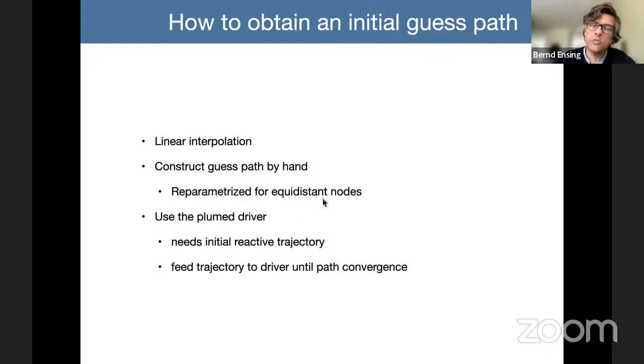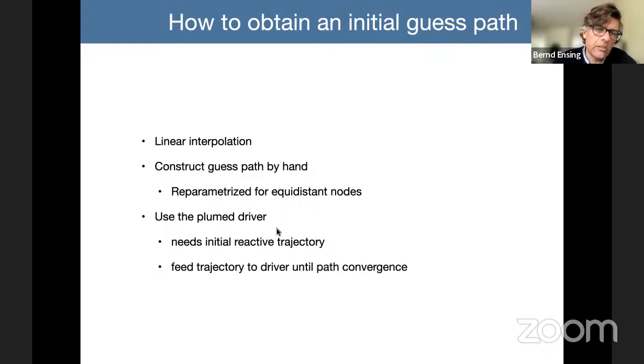This is necessary to be able to guess where you are between 0 and 1, right? So the nodes should be equidistant. And it will do that for you, which means that it will change your path a little bit. Or you make sure by yourself that they're equidistant. Then, of course, it's not a problem. In any case, it's not a problem, but you should just be aware of it.